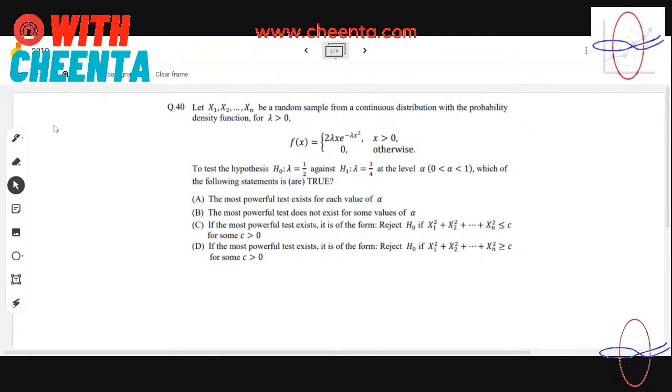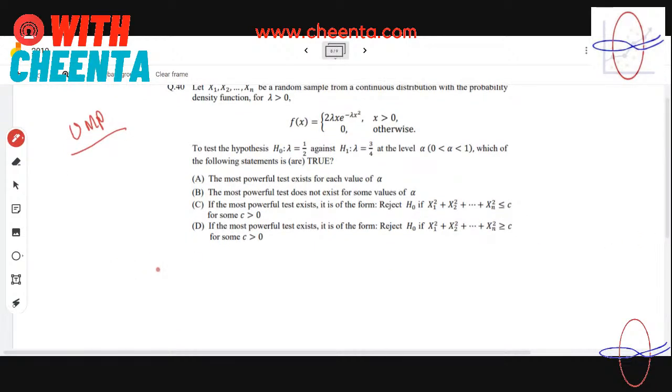So you can understand from here how UMP is an NP lemma. You just apply NP lemma, and you get that f0 by f1 is less than or equal to c as the rejection criterion. You get twice half x e to the power, it's a random sample here, so 2 to the power n, that constant will be there, so lambda to the power n.